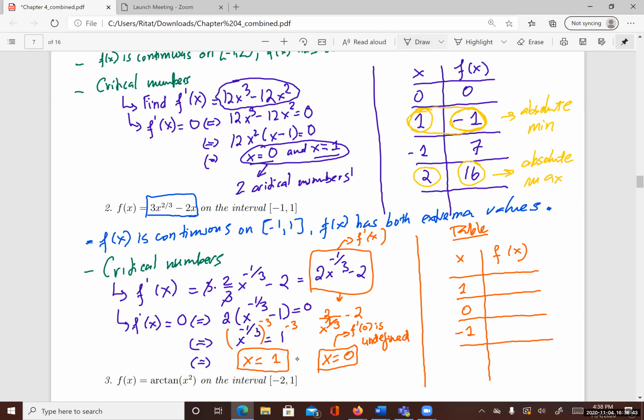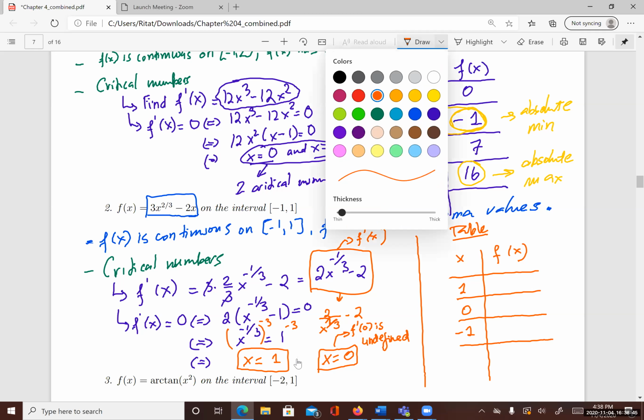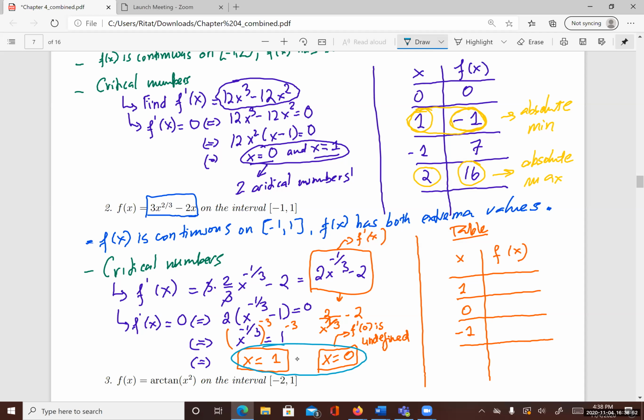I just want to make sure you understand that these two values, 0 and 1, are both critical numbers. Let me calculate these values real quick. Again, you plug into the original function f of x, not the derivative function.